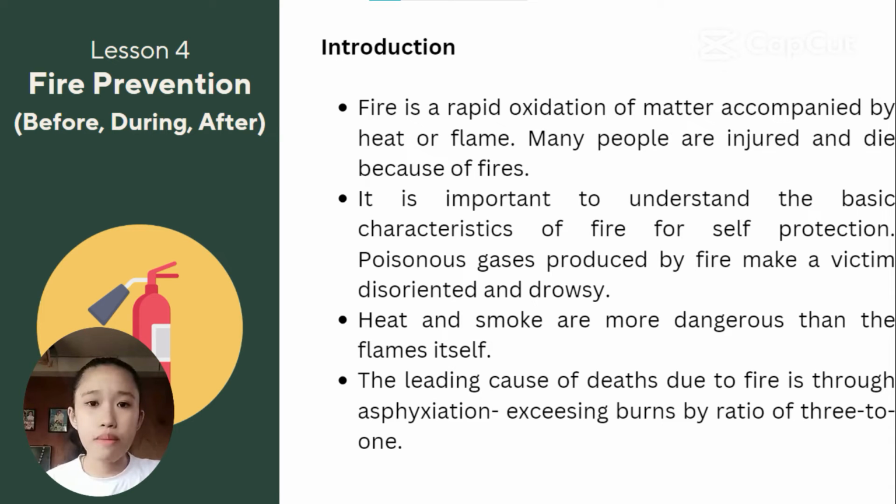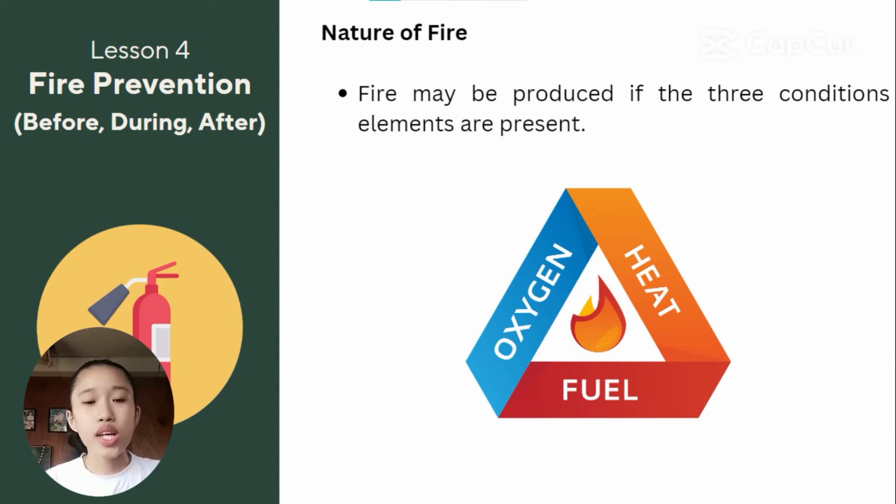Once the victim inhales that smoke, they become disoriented and drowsy, and that causes the victim to pass out. So it is really important to know what fire is and how to prevent it, to get away from danger.